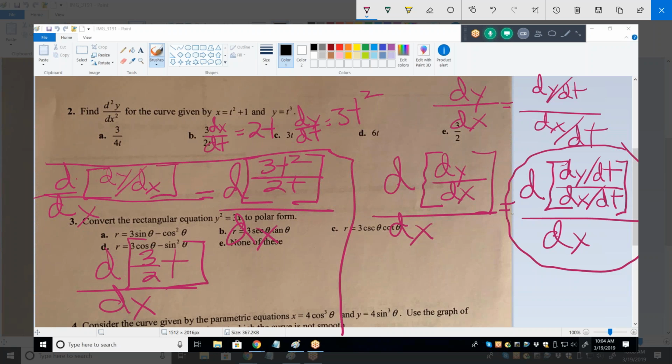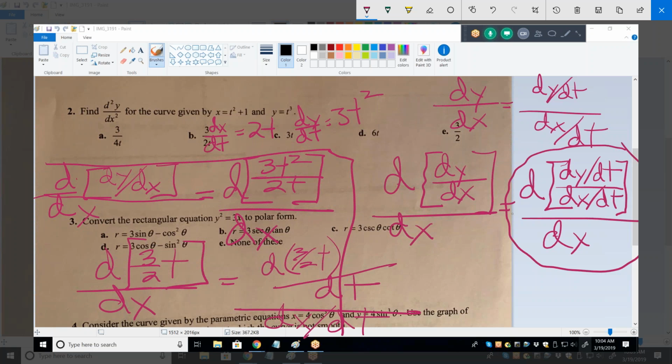Well, would that just be 3/2? Well, first of all, d/dx means d of this dt divided by dx dt.